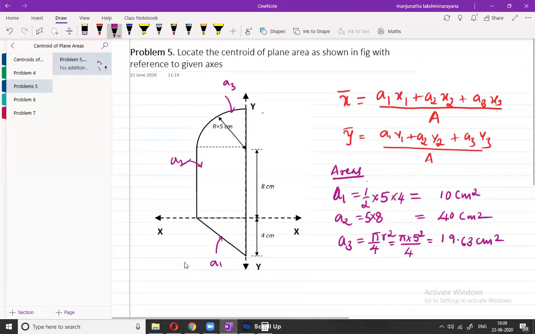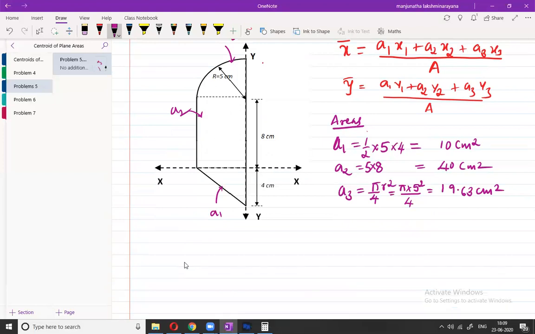Now let us calculate x values and y values. First let us obtain x values. So x bar values. If you consider x1, this is A1, so the centroid G1 will be lying over here. The distance of this G1 from the y-axis is called x1.